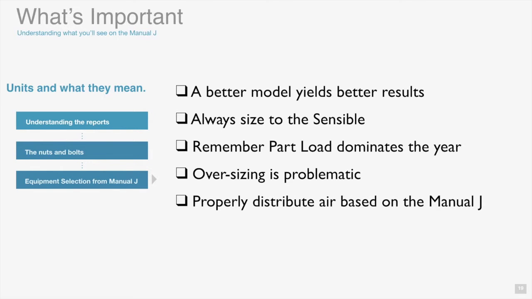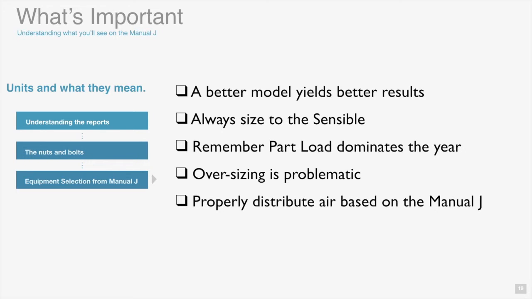Anything much beyond that is going to be overkill and is going to be running in poor fashion for the majority of the year. And you can easily have indoor air quality issues because you won't have enough air movement, you won't be properly dehumidifying your space. There are just lots of negative impacts of oversizing because part load dominates the year.